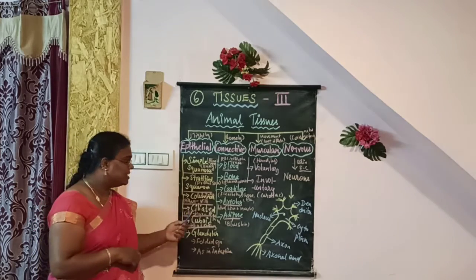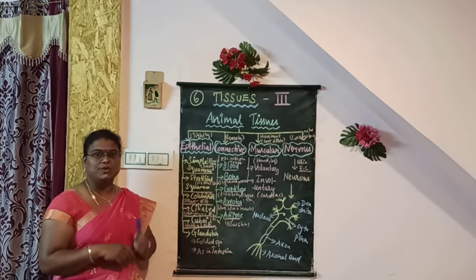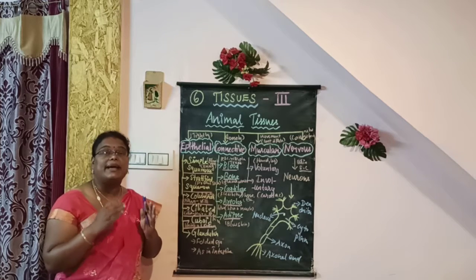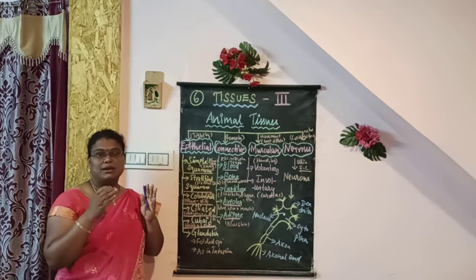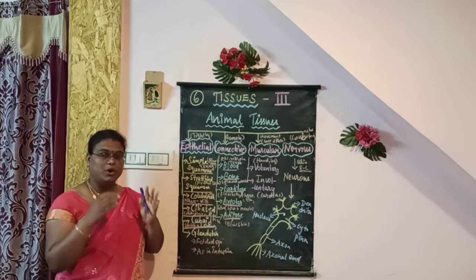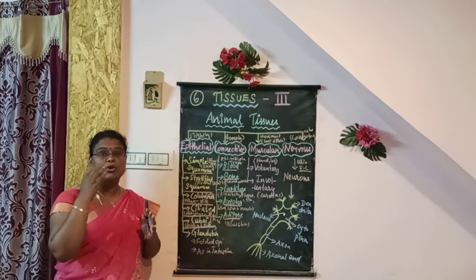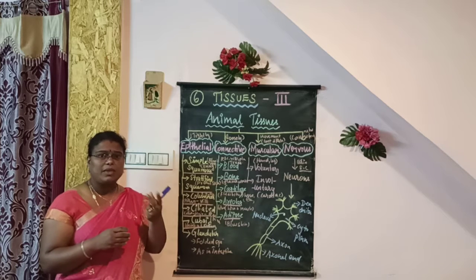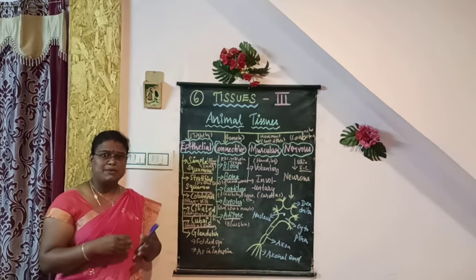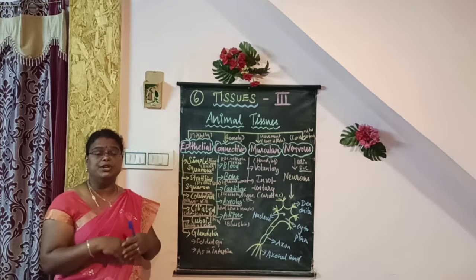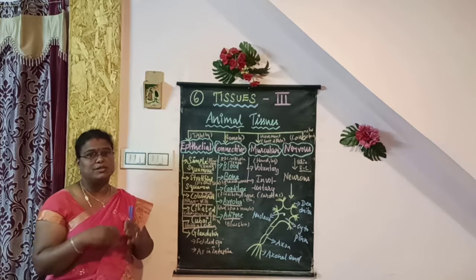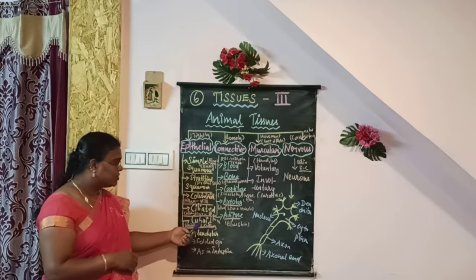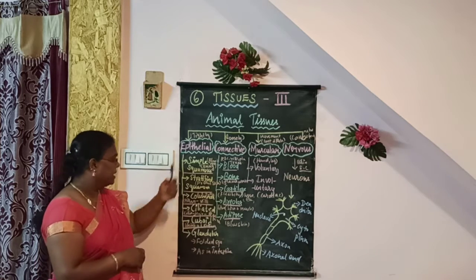Next one is ciliated epithelial tissue. Cilia means a hair like structure of cells, which is present in the lining of the respiratory tract, which helps in trapping the dust particles, and it prevents the entry of dust particles into the respiratory tract. And next one is cuboidal epithelial tissue.